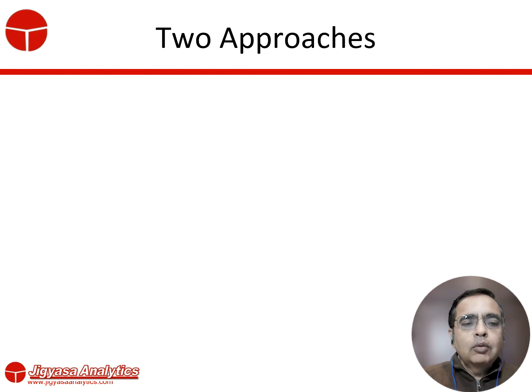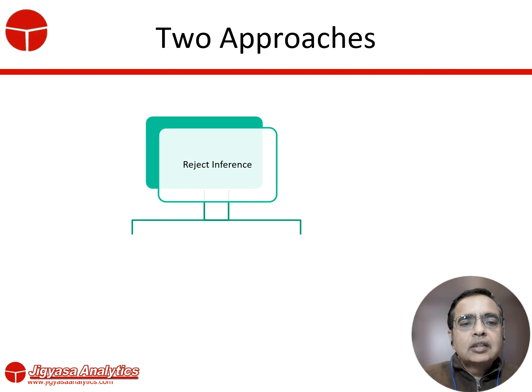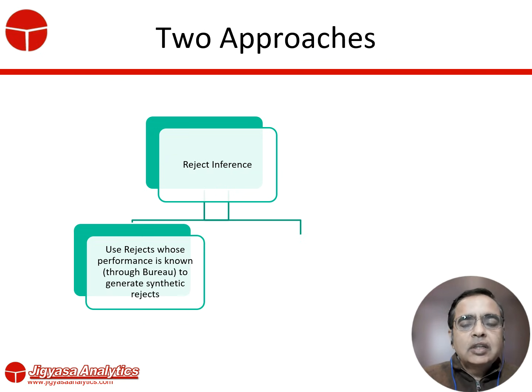I would now like to spend a little bit of time analyzing the results for you. The first thing is that our reject inference approach is broadly defined into two categories. The first category, we are using the rejects for whom the performance is known through the bureau to create synthetic rejects, which we then use in our model development.